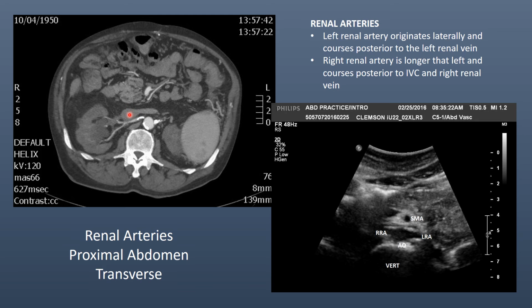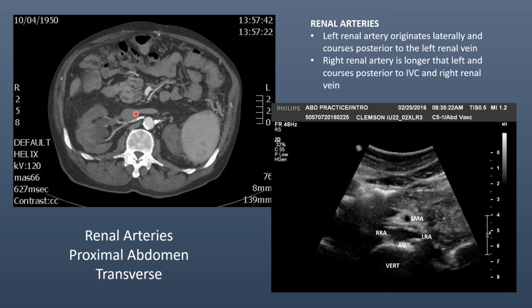And then you also have this area right here, which is the right renal vein that's draining blood flow back to the IVC. So here is the right renal vein coming from the right kidney, draining the deoxygenated blood back into the IVC. And then this is the left renal vein coursing anterior to the aorta, and draining into the IVC.